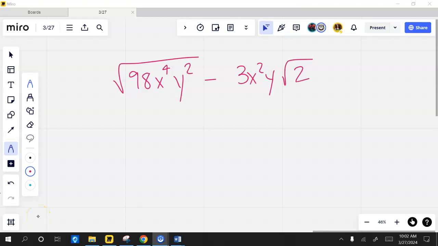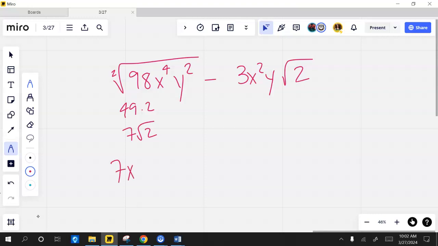You took out of 98. 49 and 2, which would be 7 times the square root of 2. We all agree? All right, so I got 7 square root of 2, but I also need to look at these variables. Remember, this is an imaginary 2, so 2 goes into 4 how many times?